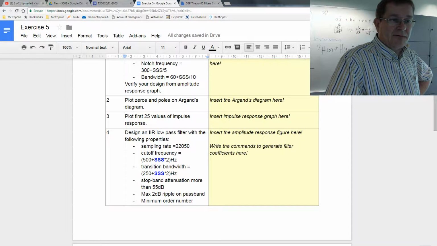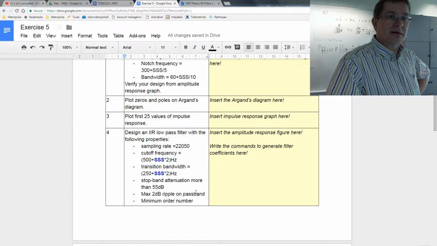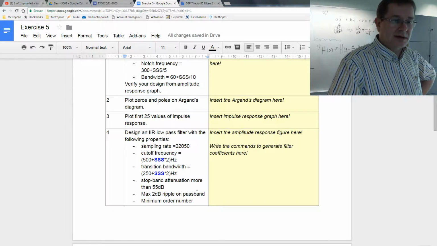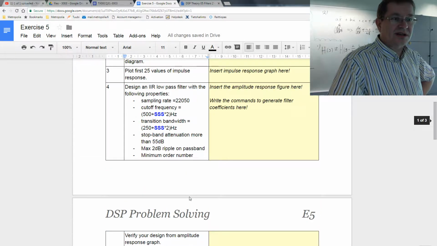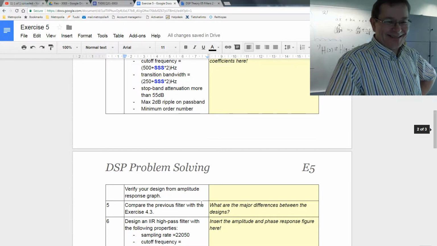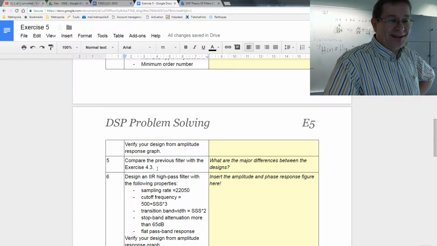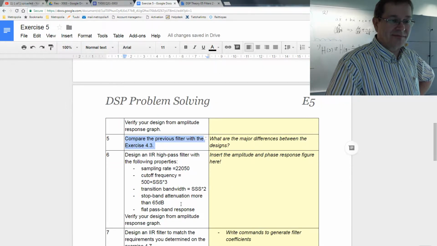Then basically the fourth one, I think this is quite close to the FIR exercise. Exactly, but now you need to design an IIR filter. Let's compare it with your FIR design.